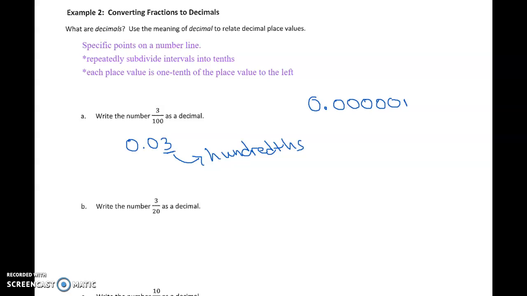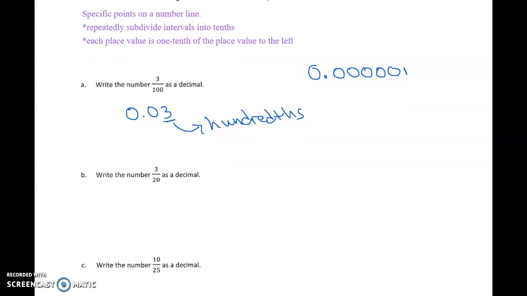But what if we have this one here that is 3/20ths? Well, we can't just put a 3 somewhere in here because these are always tenths, hundredths, thousandths. But can we rewrite it as an equivalent fraction out of a 10 or 100 or 1,000? I could divide both by 2 to get tenths, but that's not going to be a whole number.